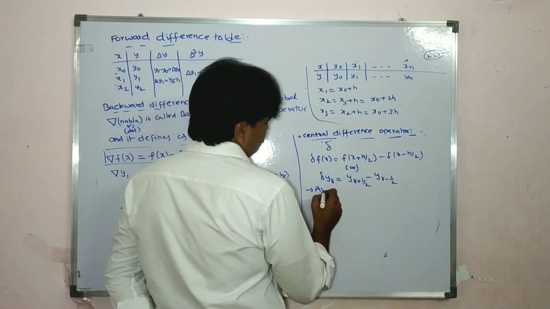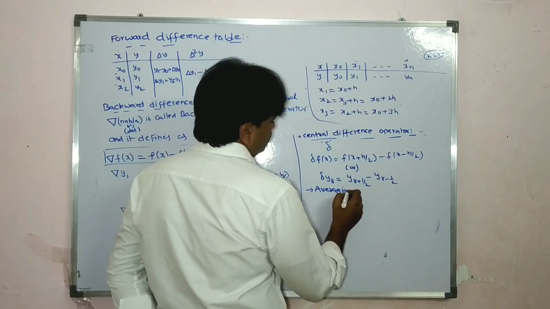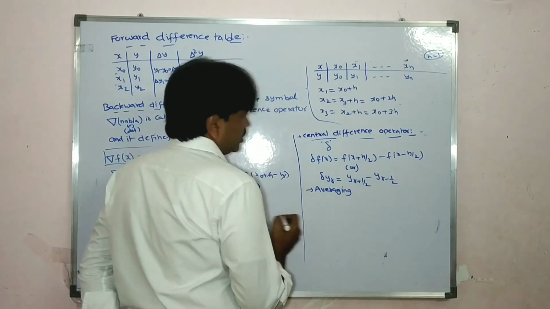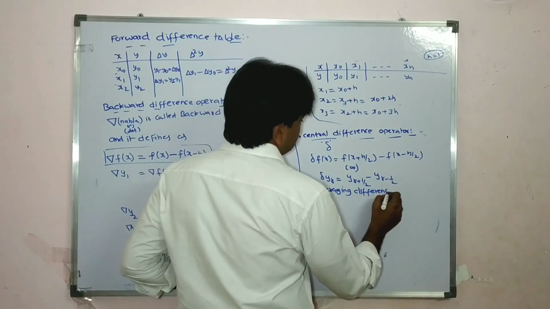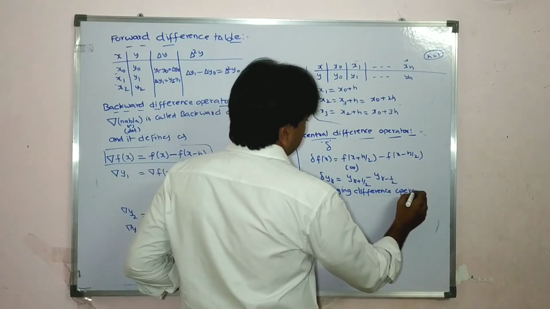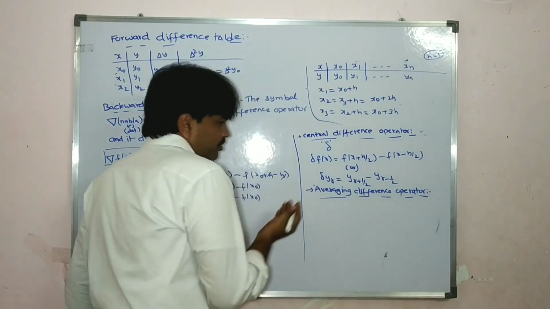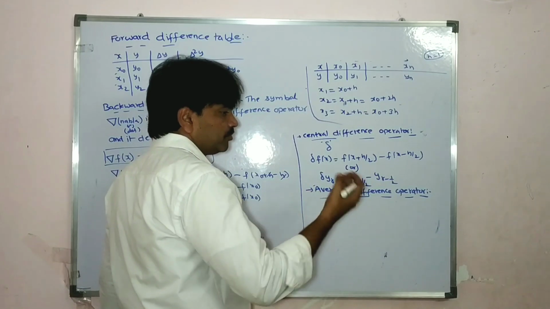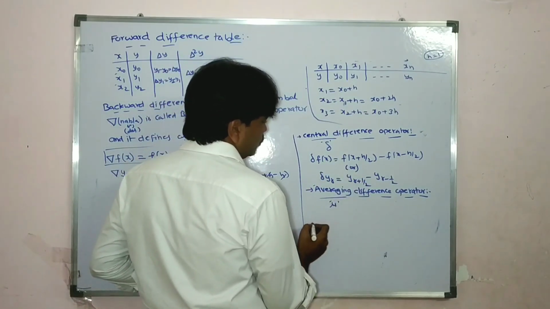And the averaging difference operator. Averaging means we take the average, add them and divide by 2. It is denoted by mu.